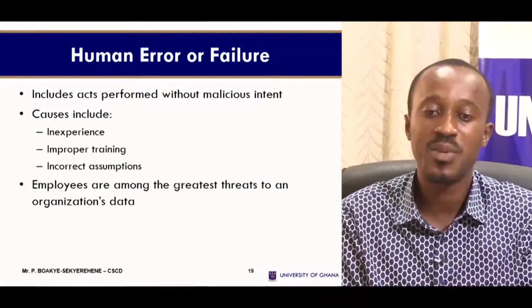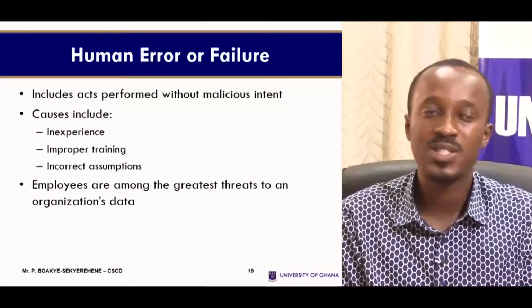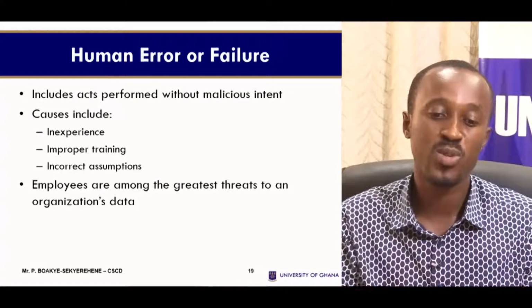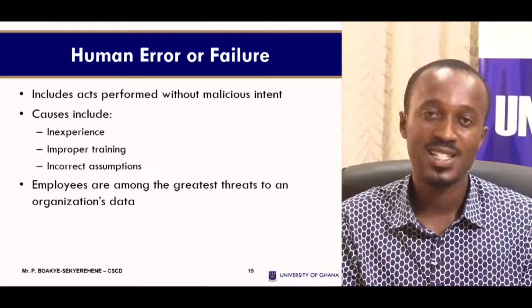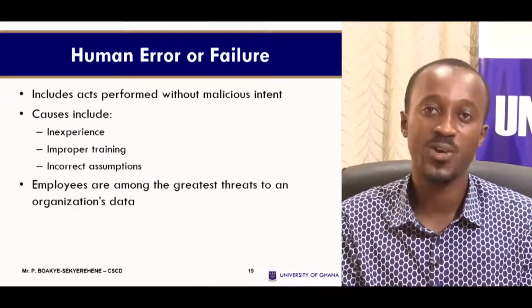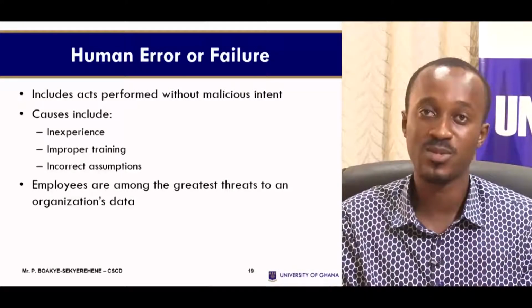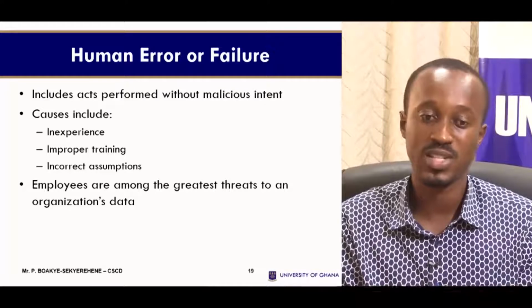It includes acts performed without any malicious intent. It could be that you were doing what you thought was right, and it has ended up harming the company. So human error and failure also has its own role to play in the threats an organization is exposed to.